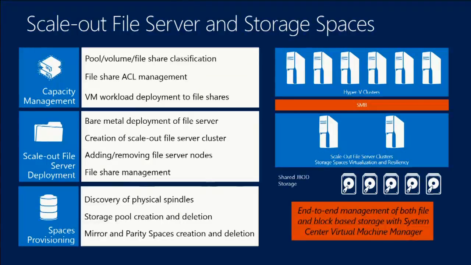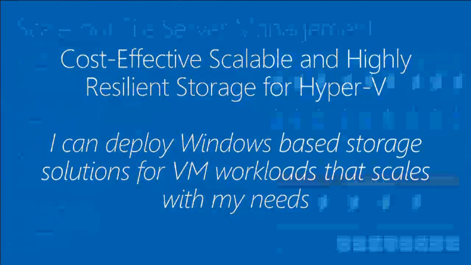So starting from zero, with no operating system on the physical machine, we can build up each one of the nodes in a scale-out file server cluster, enable the roles for failover cluster, enable file server, do all of that work, and then get a fully configured scale-out file server cluster. Then we can do the spaces management, then we can do the file share management. All of that through VMM.